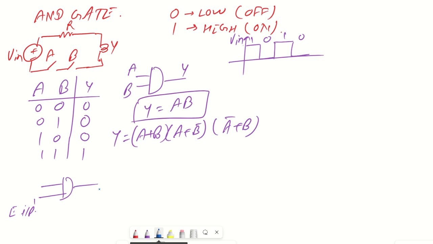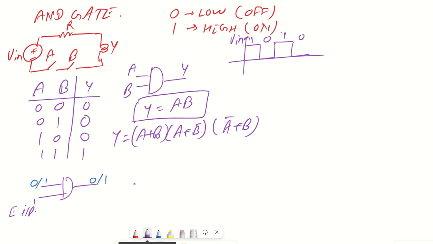If my other input is 0, my output will be 0. If my other input is 1, my output will be 1. So basically this is the enabling input.